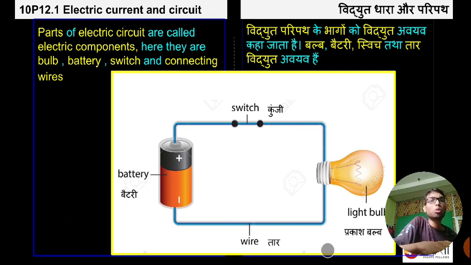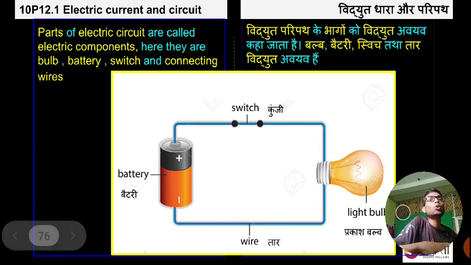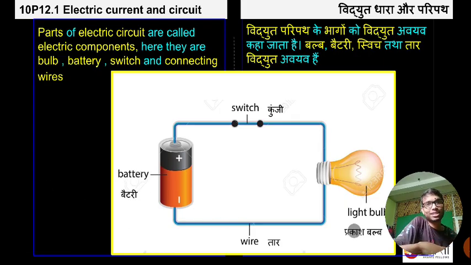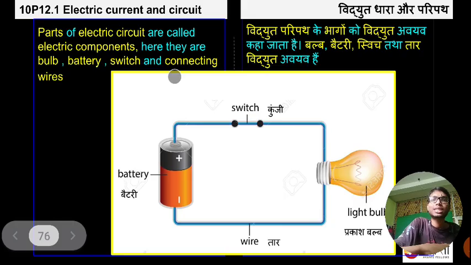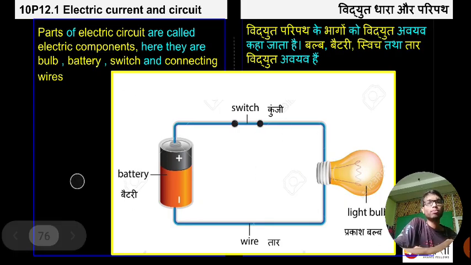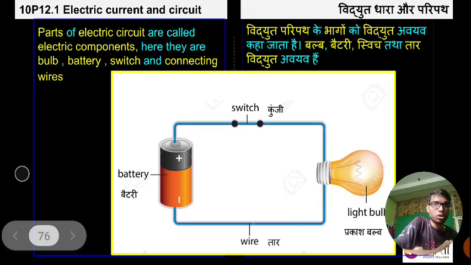Without two or more components, it is impossible to make an electric circuit. So parts of an electric circuit are called electric components. Here you can see they are bulb, battery, switch, wire. All these are electric components.